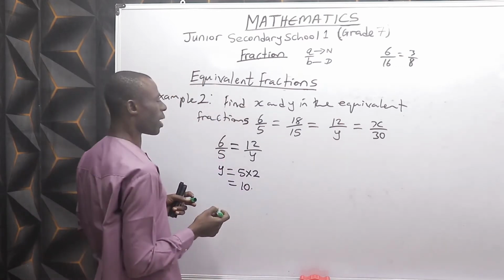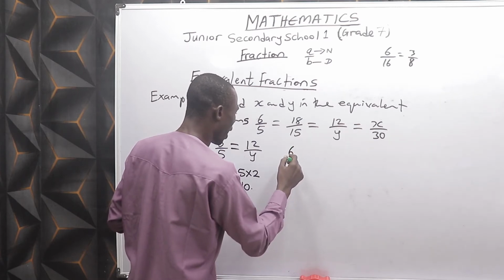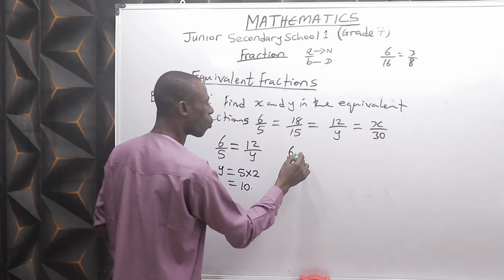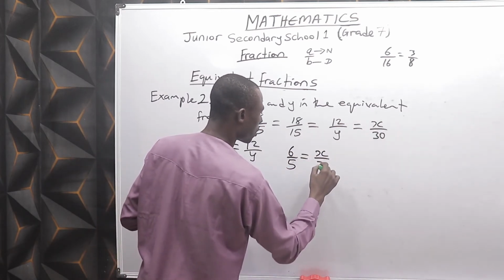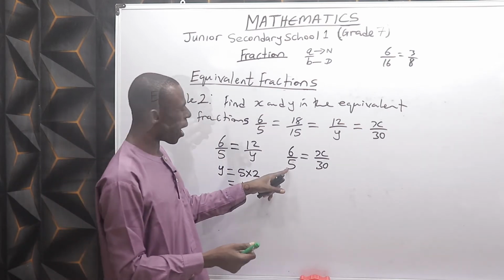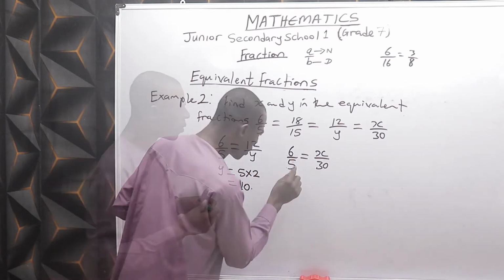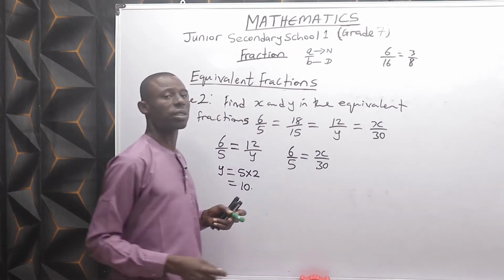To get the value of x as well, again write the initial fraction, which is 6 over 5. Equate it to the next one you need. Now ask yourself, what happens to 5 to make it become 30? 6 must have multiplied 5 to make it become 30.